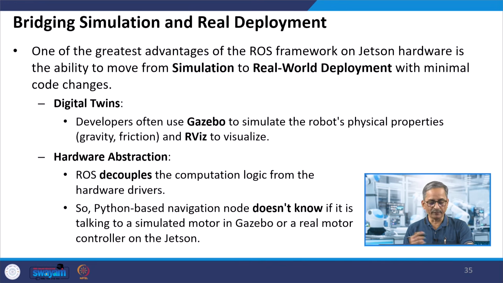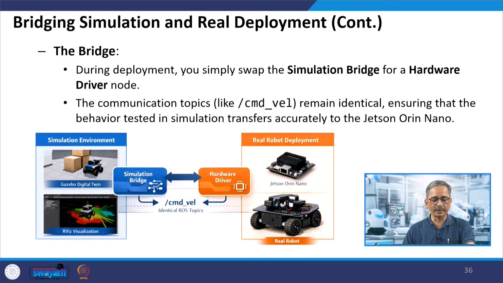Then we have digital twins. Developers often use Gazebo to simulate the robot's physical properties, say gravity and friction, and RViz to visualize. I am going to talk a little more about these two, Gazebo and RViz, a little later. Next, hardware abstraction. ROS decouples the computation logic from the hardware drivers. That is the beautiful thing about this. During development, you simply swap the simulation bridge for a hardware driver node, and that is how we can do it.